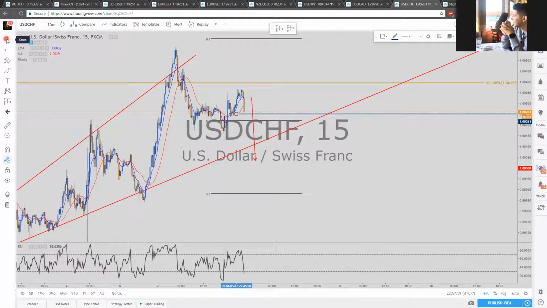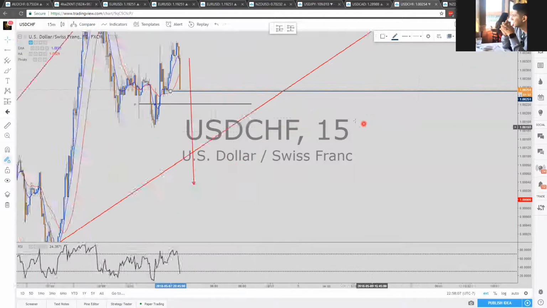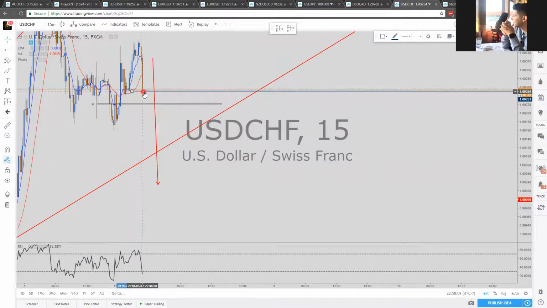So we can probably wait for this one to drop low. We can see strong push going down right now. We might see it stall right here at the 250. That's normally what happens. It'll push down at the 250 and then might rise up.